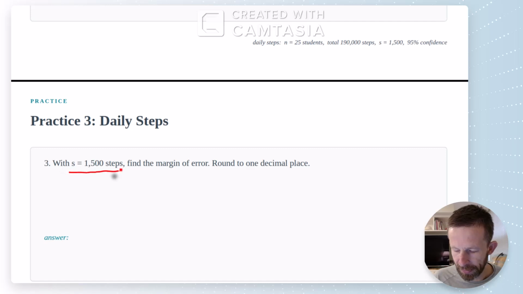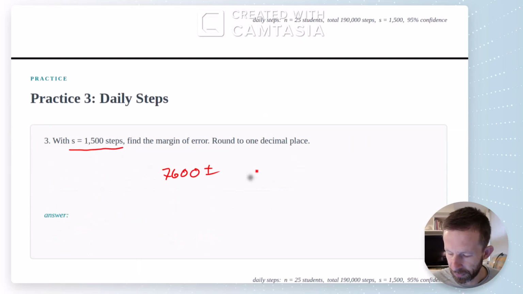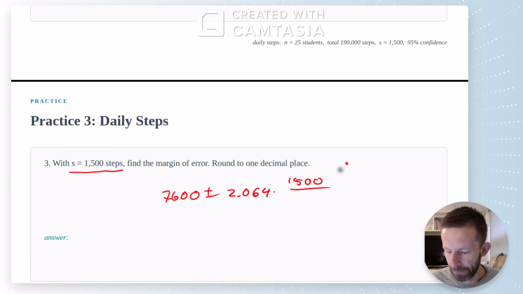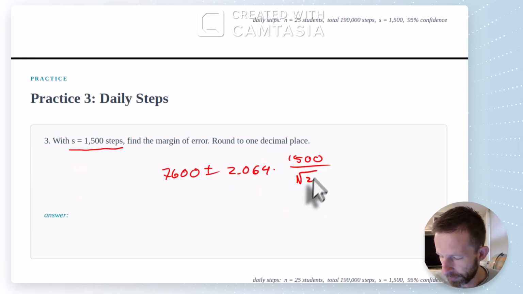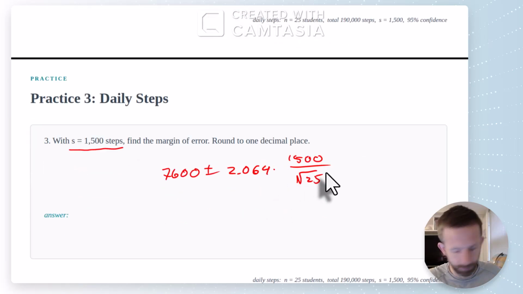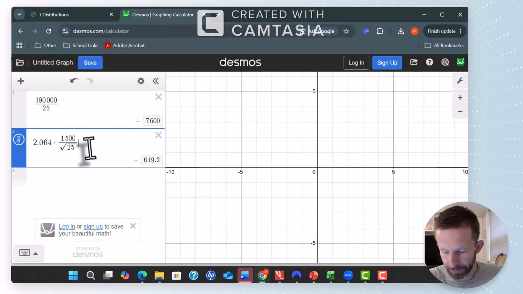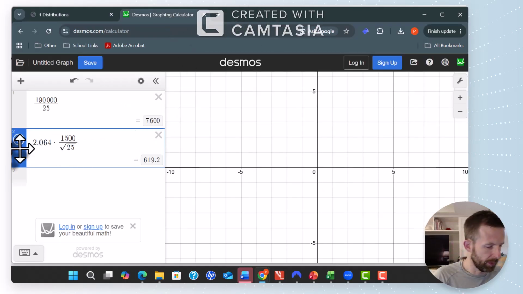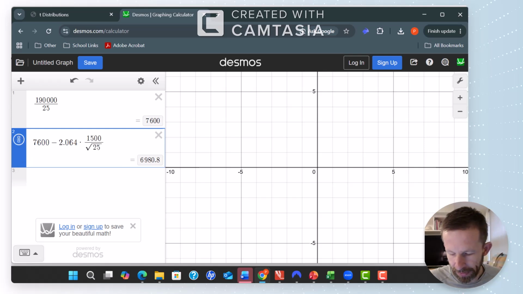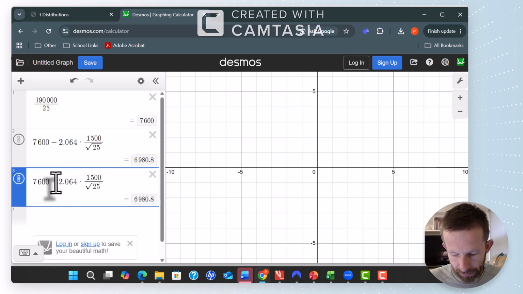So with this sample standard deviation, find the margin of error. So I would do 7,600 plus or minus 2.064 times 1,500 divided by the square root of the sample size, the square root of 25, which is just 5. But on Desmos, I would do 7,600 minus my multiplier times my standard error, and then I would do plus.